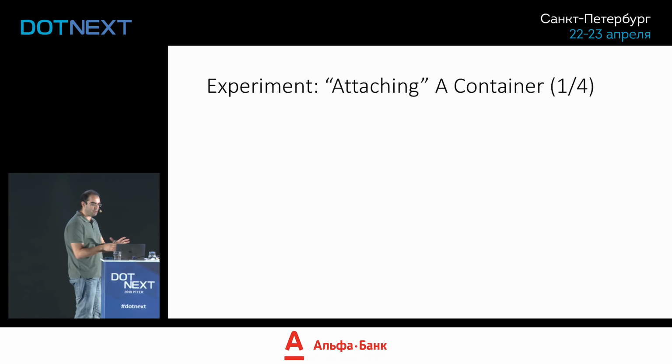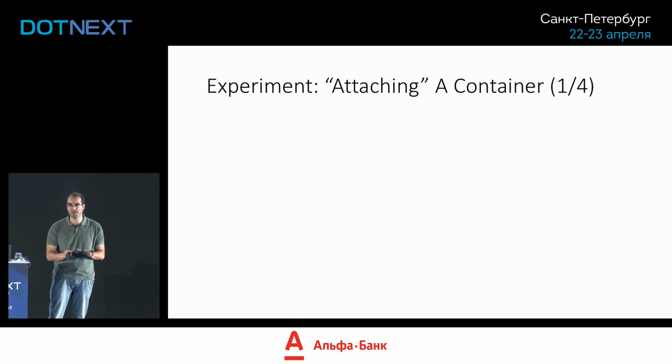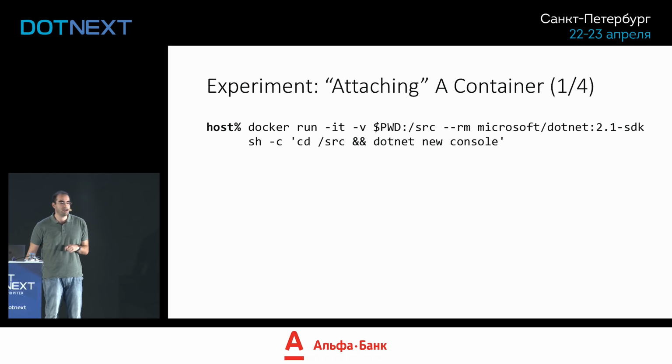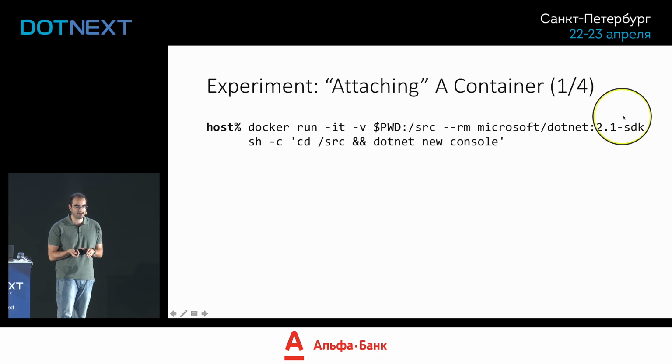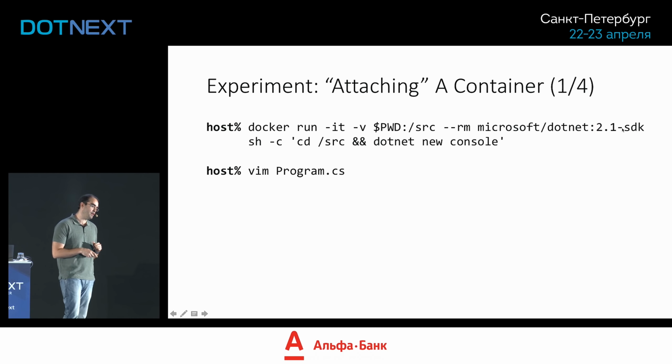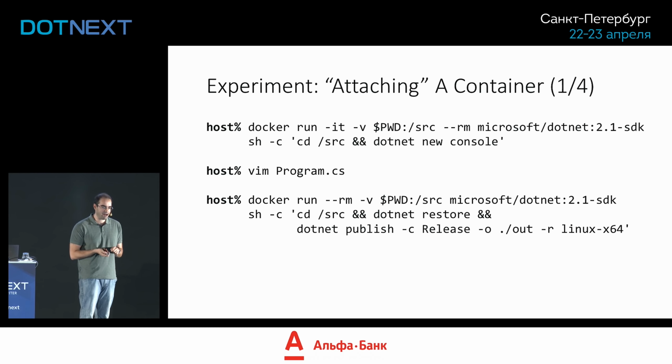Okay, so what I'm going to do now is slightly more interesting. First, just as a setup, here's what I did. I created a new .NET Core console app using the Microsoft official .NET SDK image. Then I edited the new app in my terminal. Then I ran the .NET SDK container again.